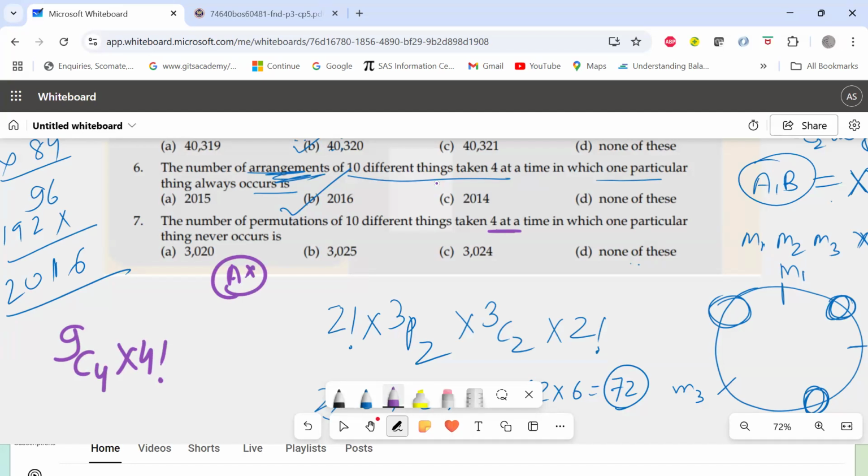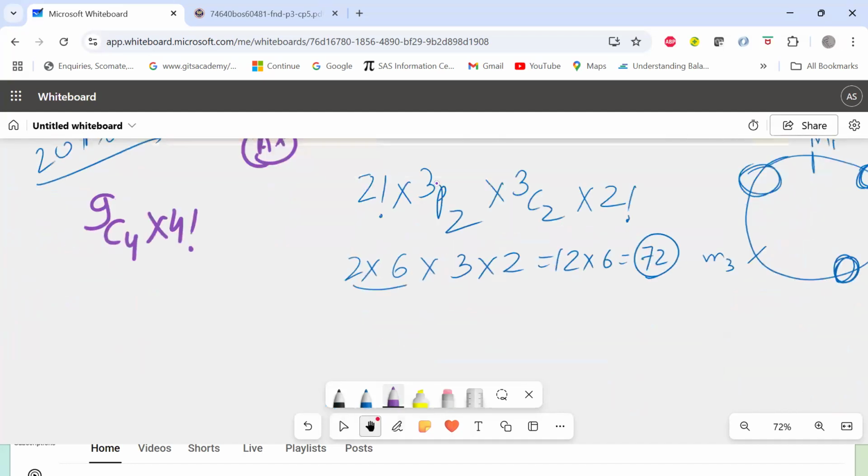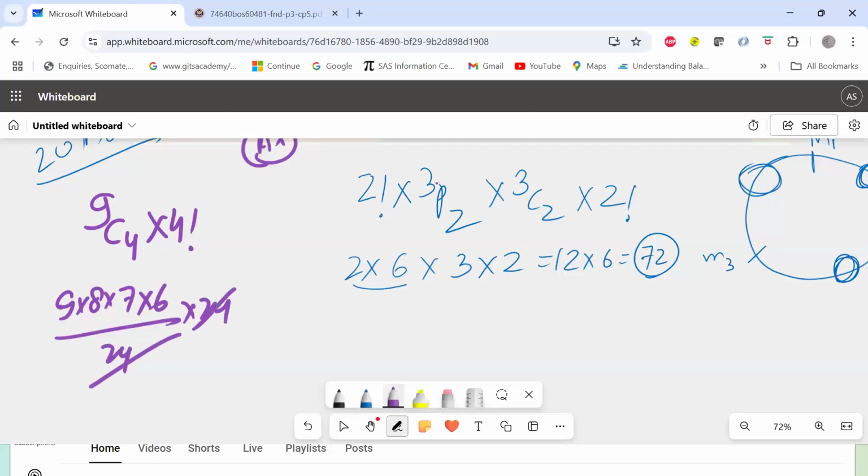So from the remaining 9 things you have to select 4 things, 9C4, and then arrange these 4 things in 4 factorial ways. 9C4 means 9 into 8 into 7 into 6 divided by 24, into 24. So this gets cancelled, and this is 72 into 42.